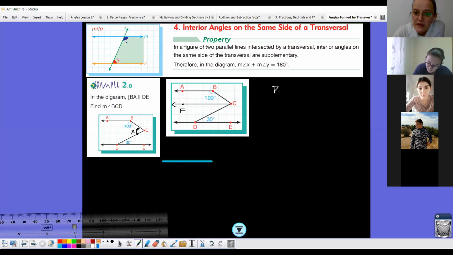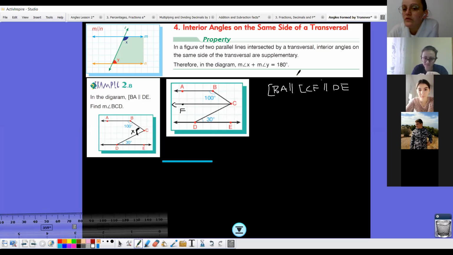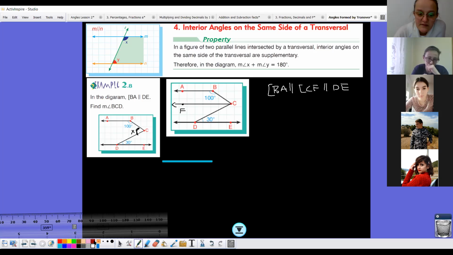Now BA is parallel to CF, and this is parallel to DE. They all have to be parallel. You will draw the line parallel to the others. In this case, can I find the measure of this angle according to the properties that we have studied in the previous slide?